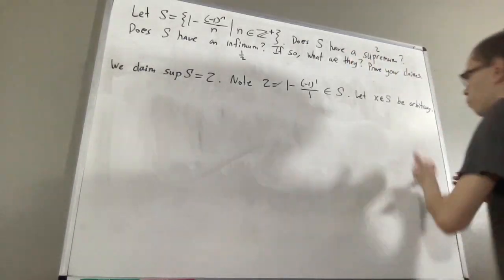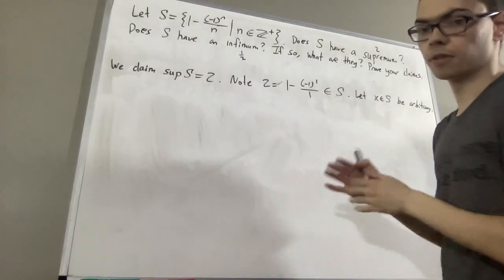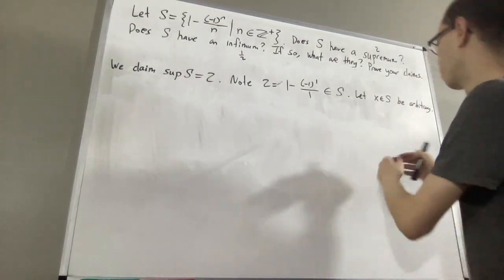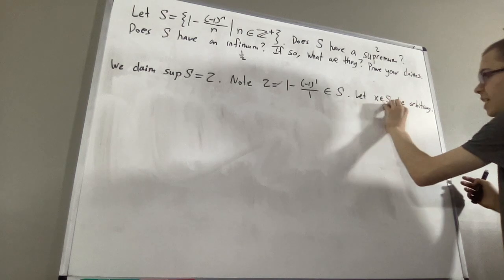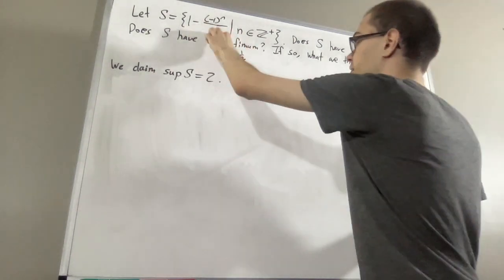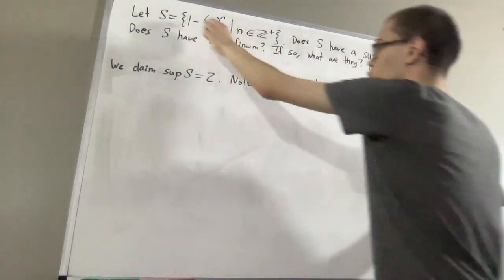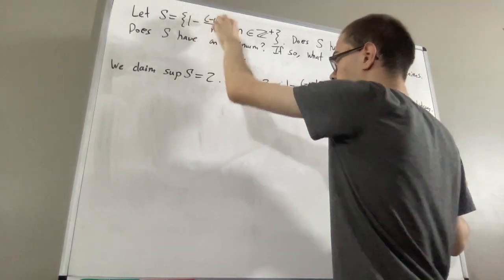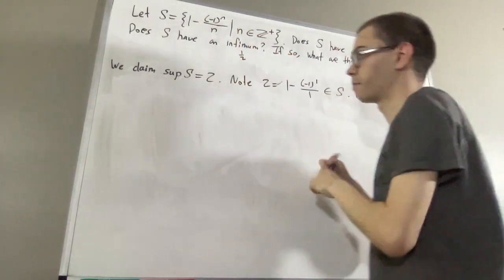So it might be useful if we split this up into cases, right? So before we do that, since x is an element of S, that means x has this form. So x is equal to 1 minus negative 1 to the power of n over n for some positive integer n.